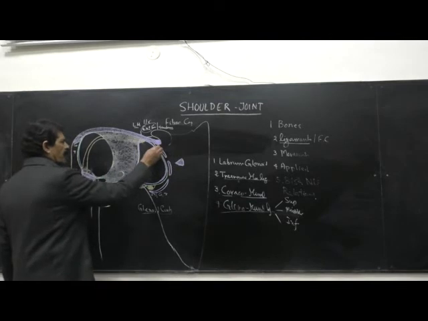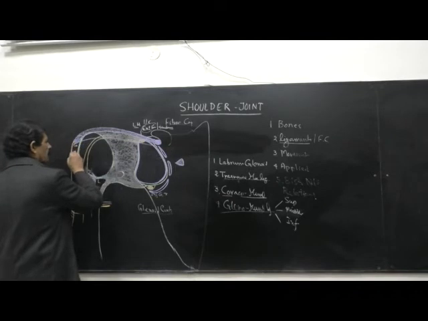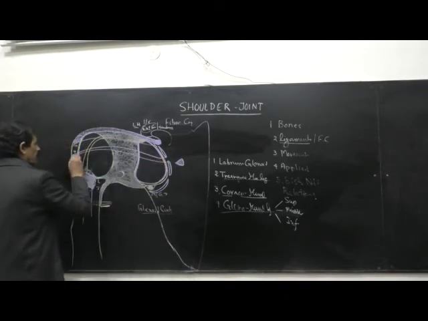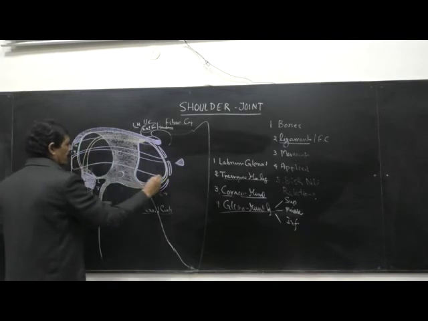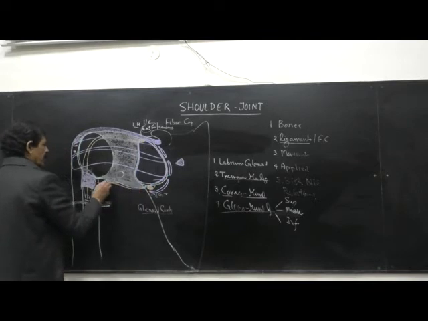The superior part is attached to the greater tubercle. The middle part is also attached to the greater tubercle. The inferior part is attached inferiorly, anterior inferior, and attached to the lesser tubercle.